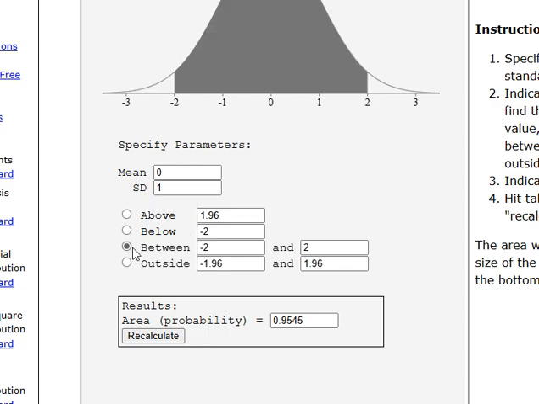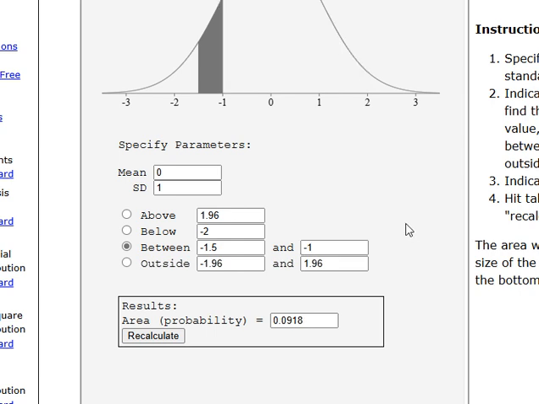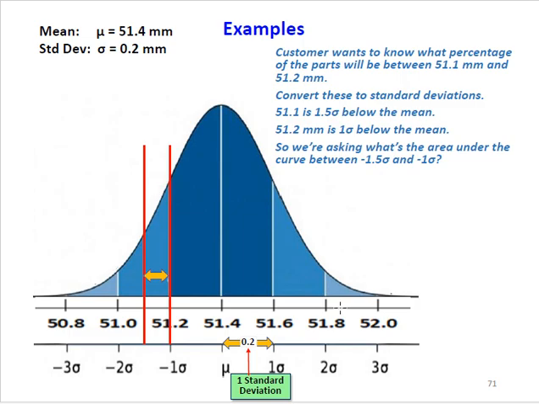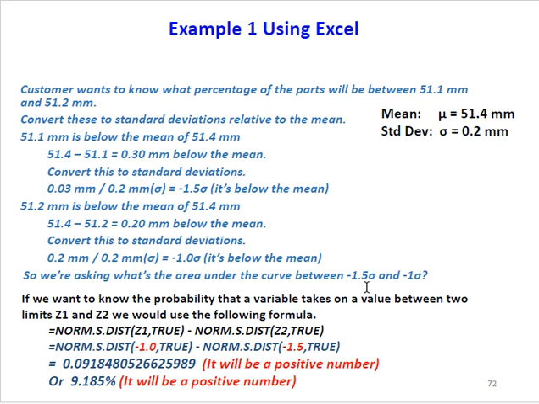Let's just do between minus 1.5 and minus 1, and you're going to get 0.0918. That is your probability. So here, if you want to use NORM.DIST, this is the same problem.